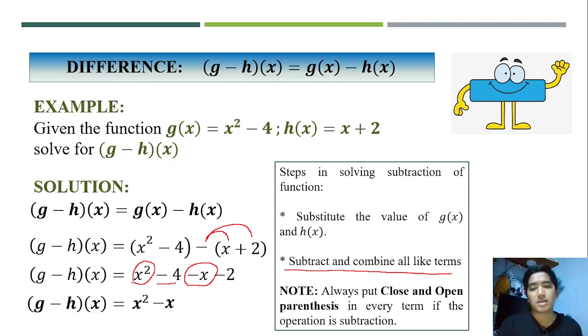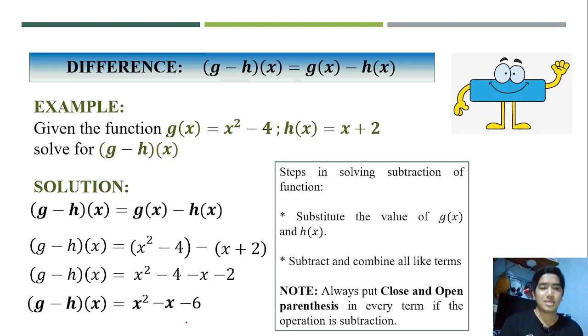Then last one, we have negative 4 minus 2, that will be equal to negative 6. Okay, so this will be our final answer. So we have g minus h of x is equal to x squared minus x minus 6. Okay, so yan po yung process natin in subtracting two functions.